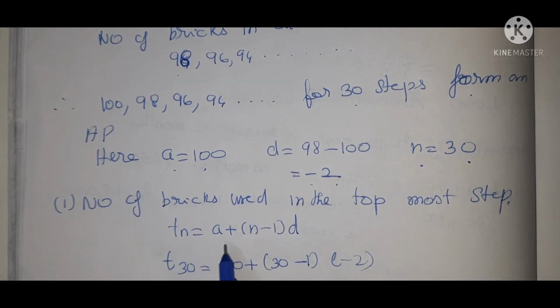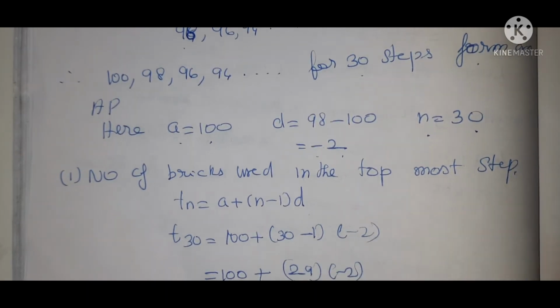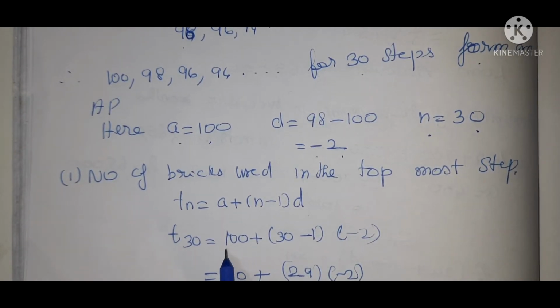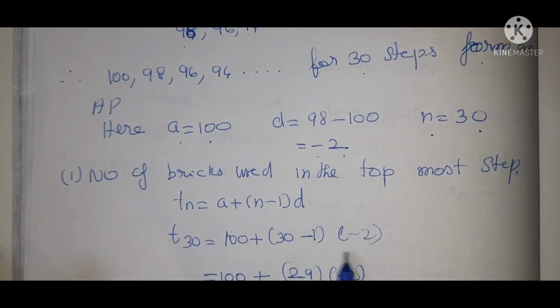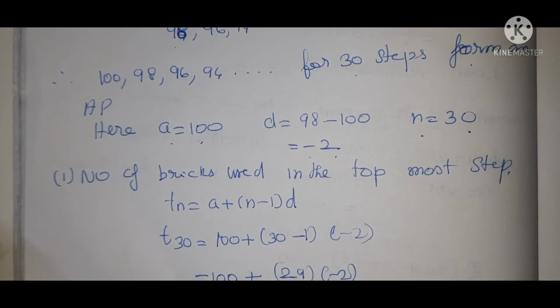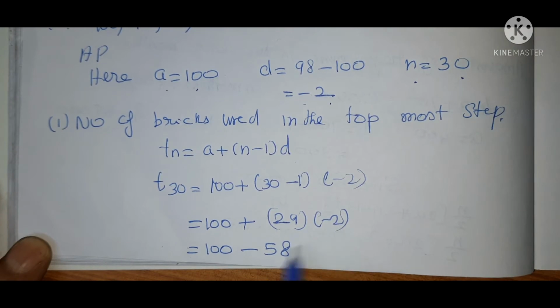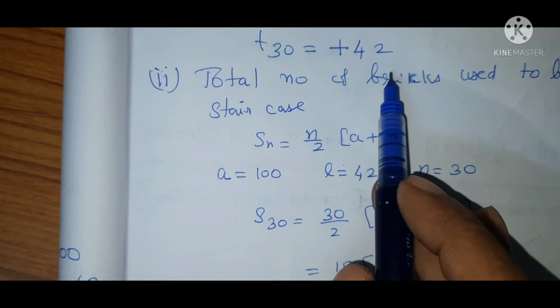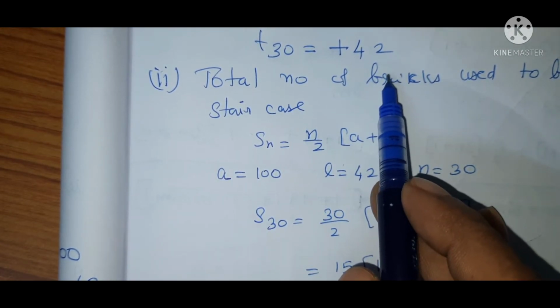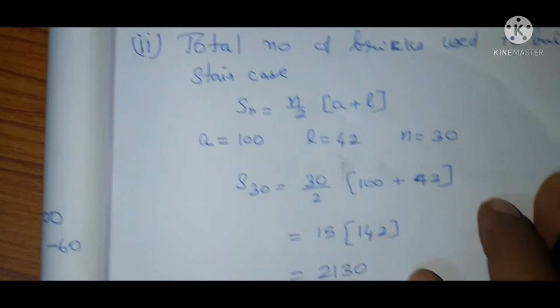Tn is equal to a plus n minus 1 into d. T30 is equal to 100 plus 30 minus 1 into minus 2, 100 plus 29 into minus 2, 100 minus 58. T30 is 42. The topmost step requires 42 bricks.